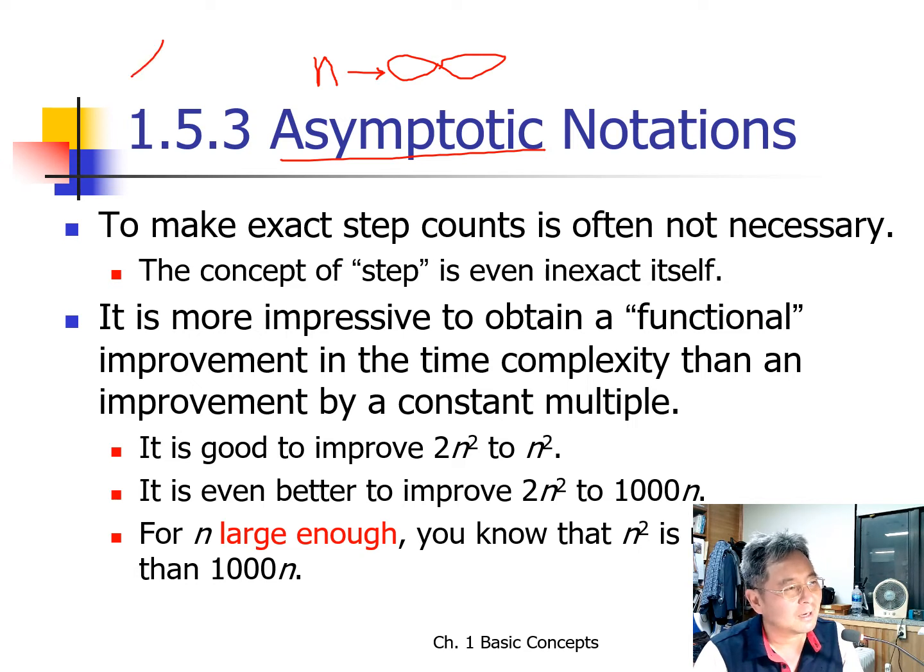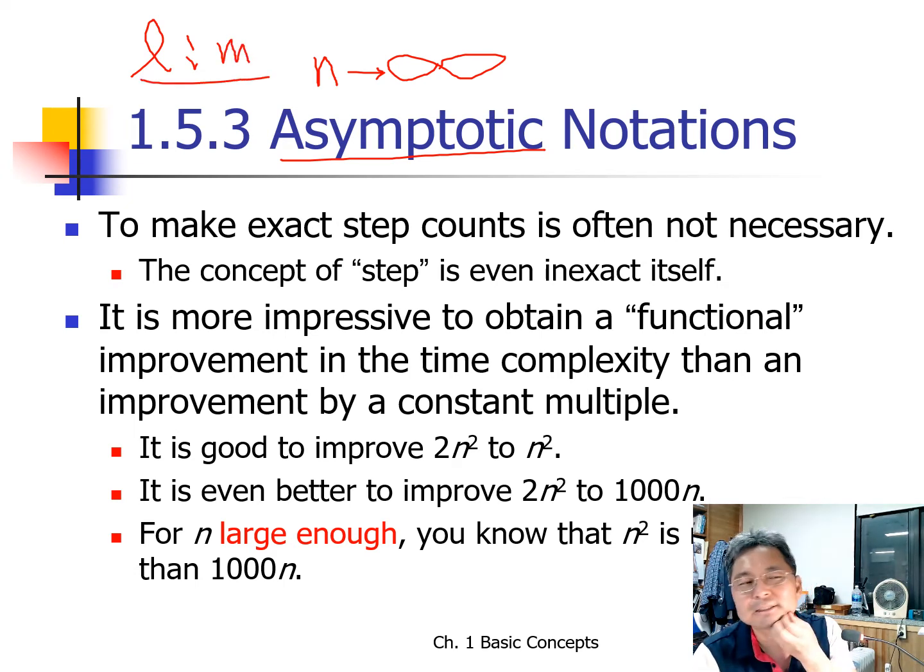In high school mathematics, we already learned the limit. So n goes to infinity. What happens to the algorithm or to the program? That is called asymptotic notation.